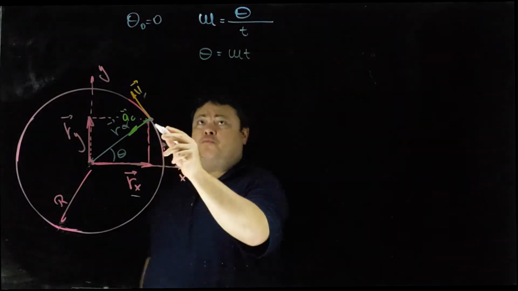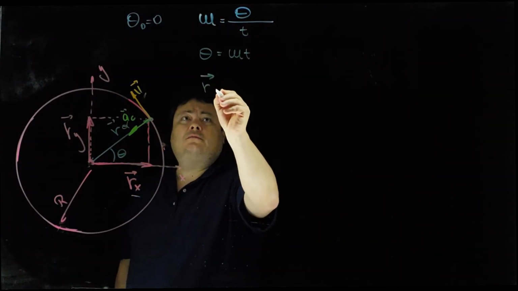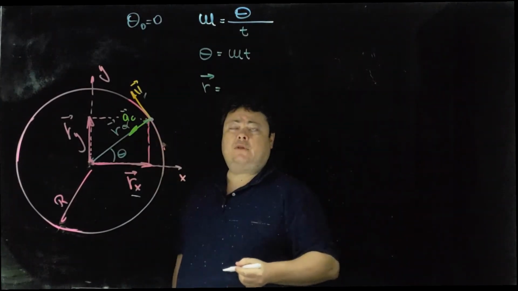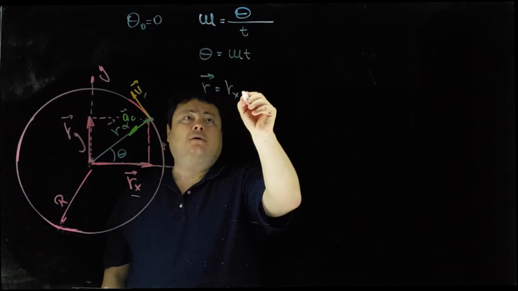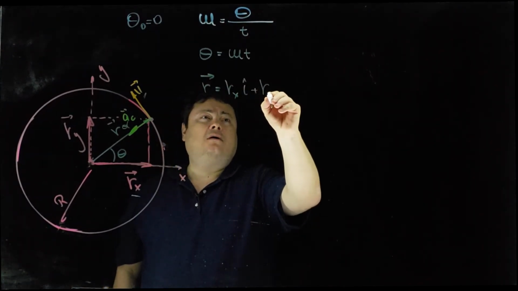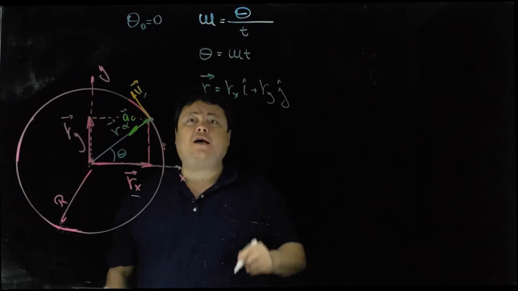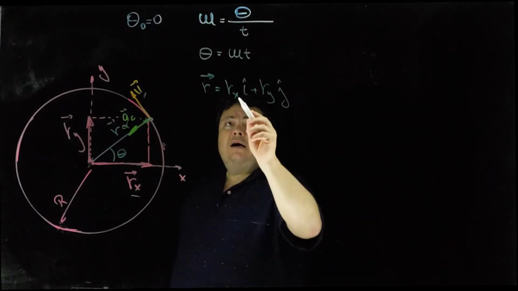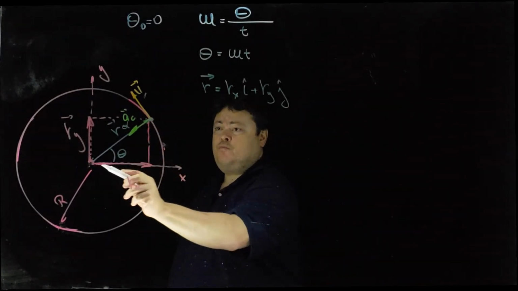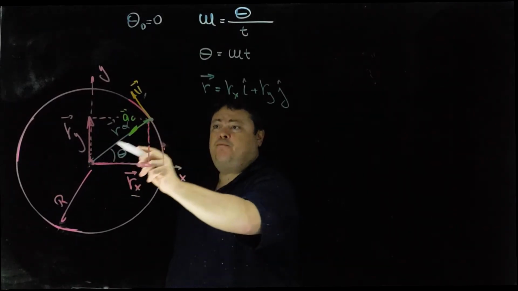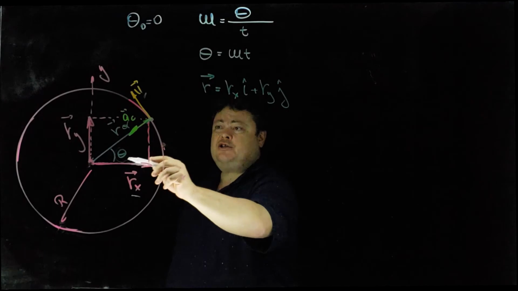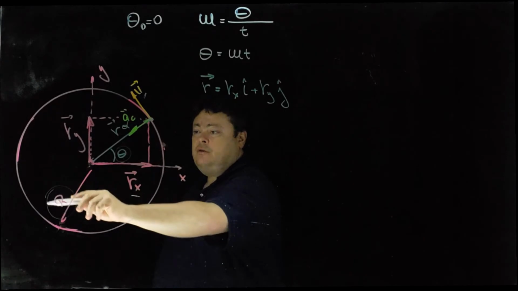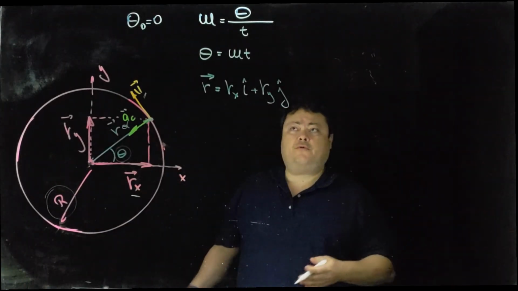Okay. The vector position r can be broken down into components rx and ry. So rx i hat plus ry j hat. That's basically what I have. Now notice that rx, the projection of the position on the x direction, is the adjacent side to the angle theta. But the position here is actually the distance radius from the center.